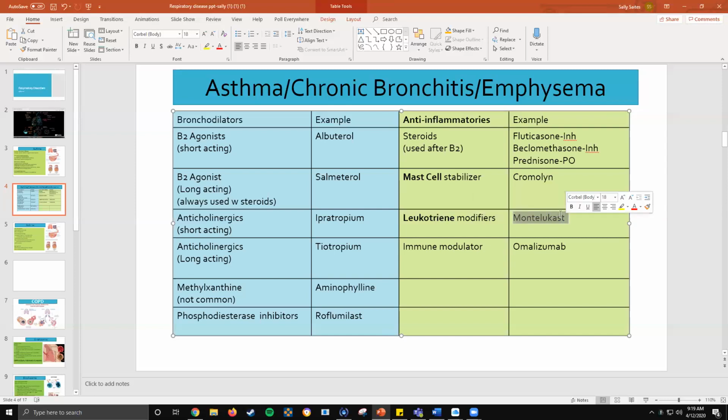Montelukast is very, very common. Both of these are common, and they do the same things. These both inhibit the inflammatory response. They are starting to use an immune modulator as well for asthma, which is omalizumab. So MABs, I've mentioned these before, are immune modulators. Typically they're IVs. This would be someone that is not doing very well with the normal treatment for anti-inflammatories.